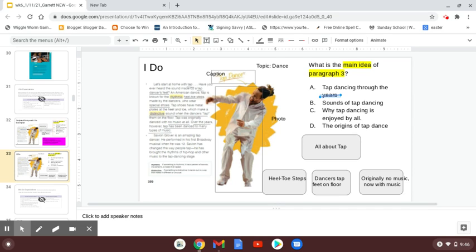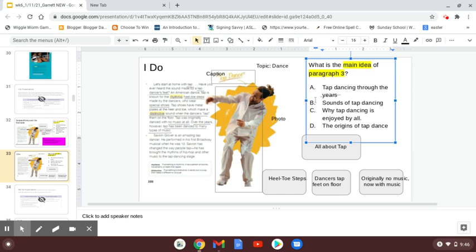And we're talking all about tapping. So I know that tapping is a sound to be made. So this answer choice is a great possibility. So I want to add a question mark next to this answer, because that might possibly be my answer.